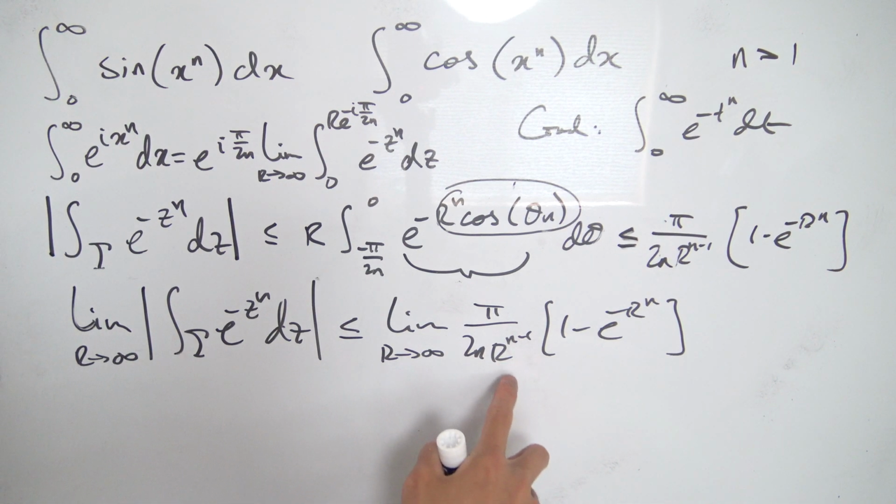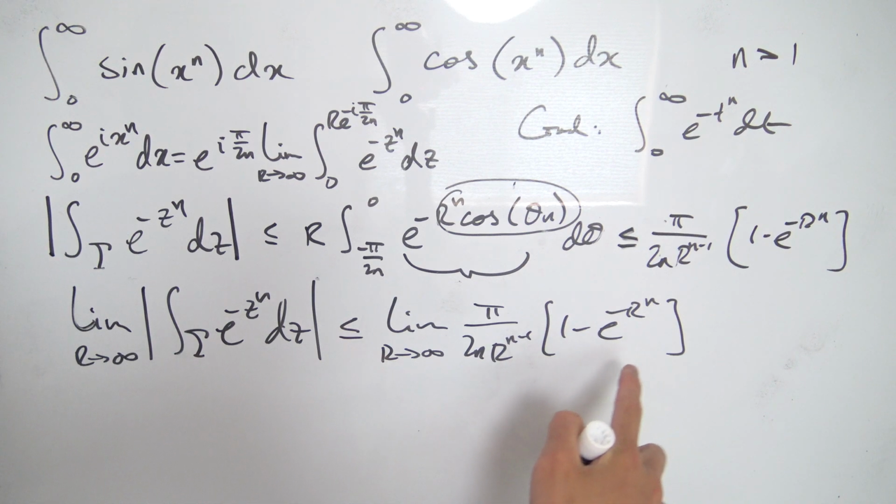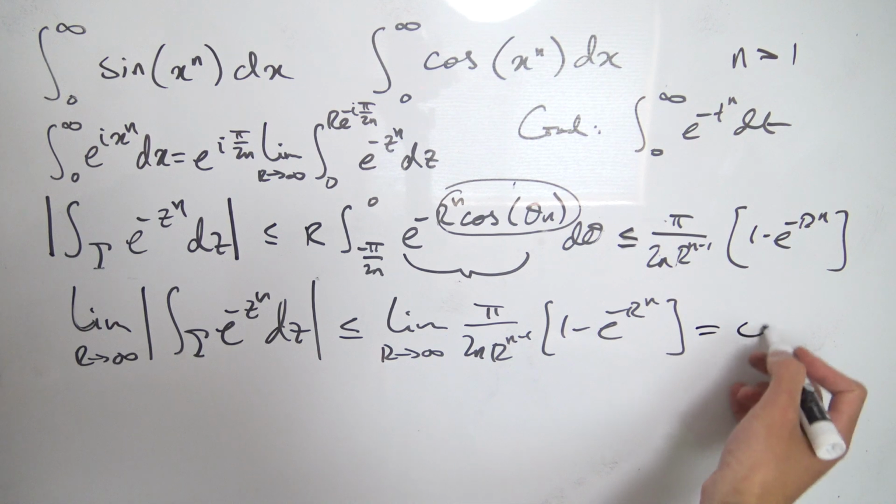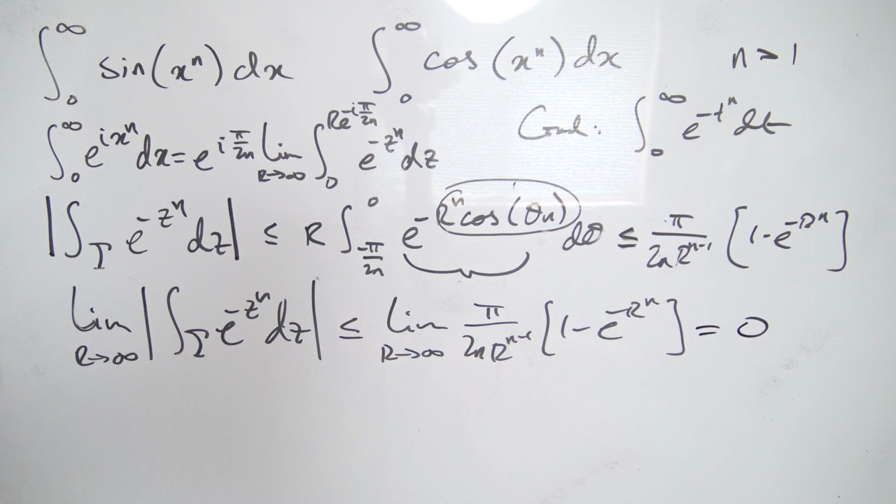But as r approaches infinity, if you raise a positive number to a positive number and take the limit, this thing is just going to blow up to infinity. So we have something over infinity, which is 0, and what happens in here? Well, that's just going to turn into 1 minus 0, which is just 1. So in fact, this just goes to 0.